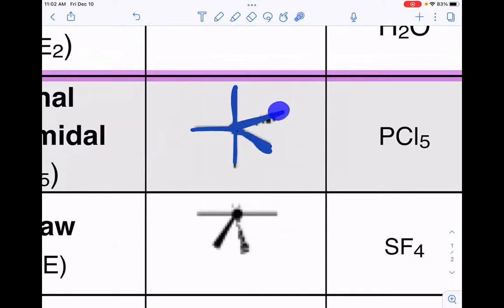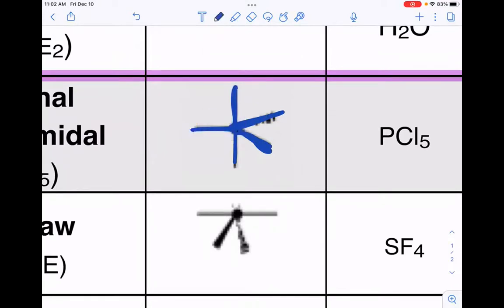And so these 3 points that form the horizontal triangular platform for the trigonal bipyramidal shape, these are known as equatorial. And so anything that goes up and down is called axial. So if you're looking at this angle, axial to equatorial, that's 90 degrees.